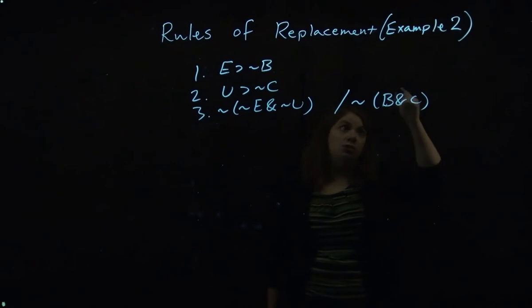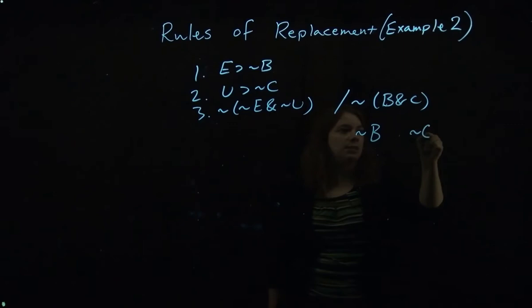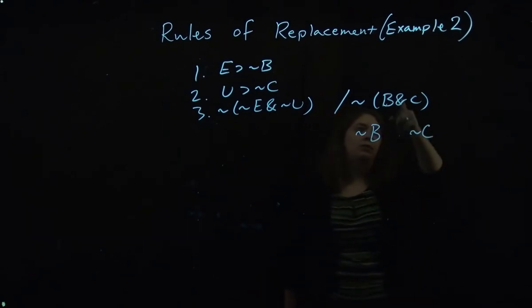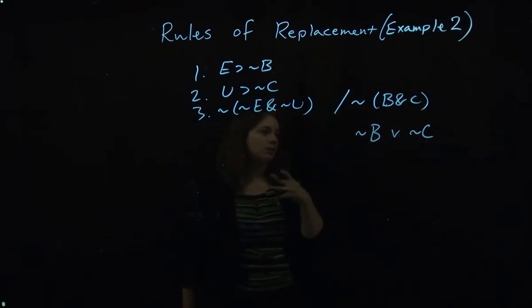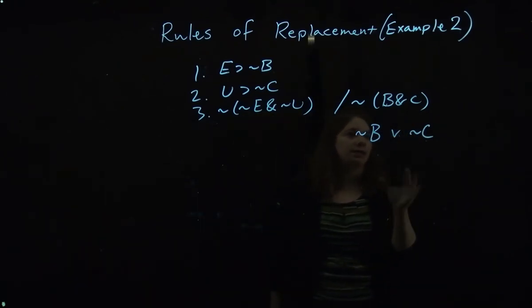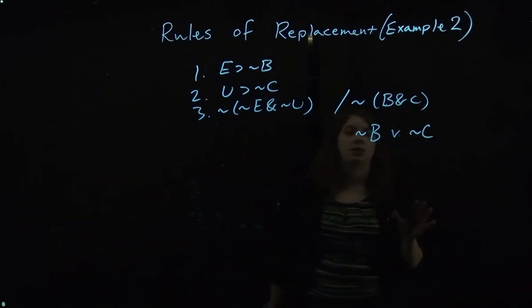So if we reverse engineered this conclusion, we would take out that tilde out front and put it in front of B and C. So we'd have not B and not C. And we know with De Morgan's that the ampersand would then convert to a wedge. So this is another way of looking at the conclusion.